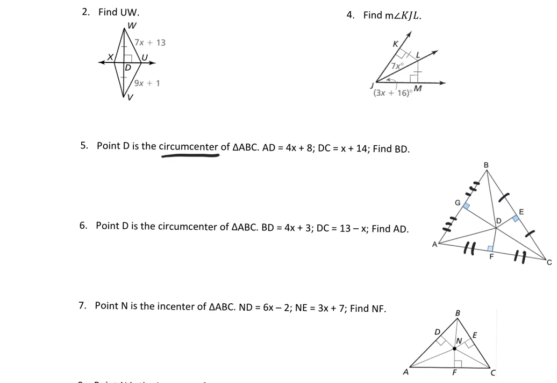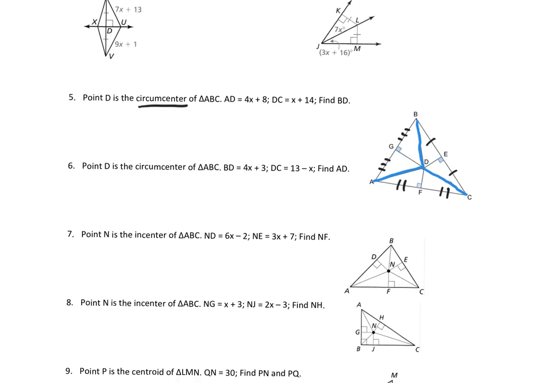Okay? Now, the other thing that we know on a circumcenter is the distance from D to each of the vertices is the same. So I would say something here like AD is equal to CD is equal to BD.